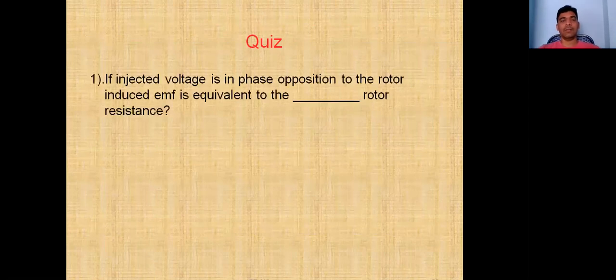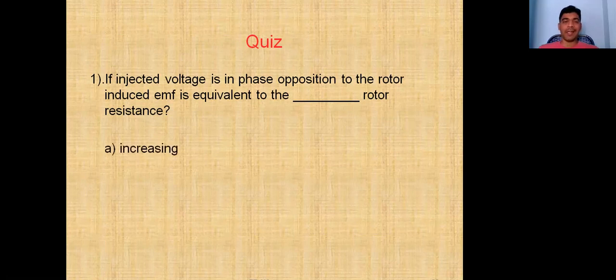Coming to the question: if the injected voltage is in phase opposition to the rotor induced EMF, it is equivalent to the dash rotor resistance.